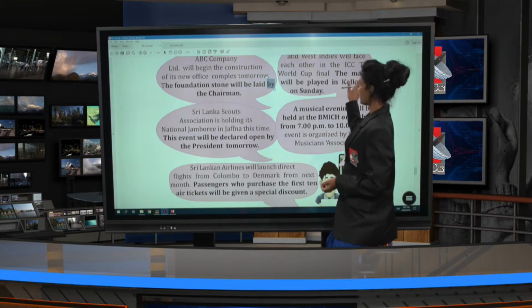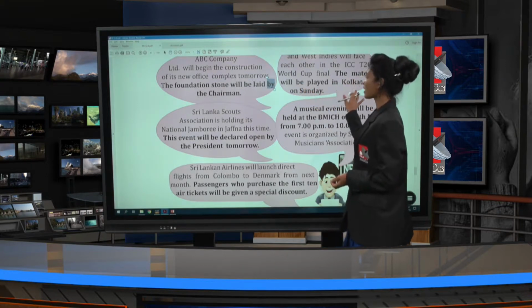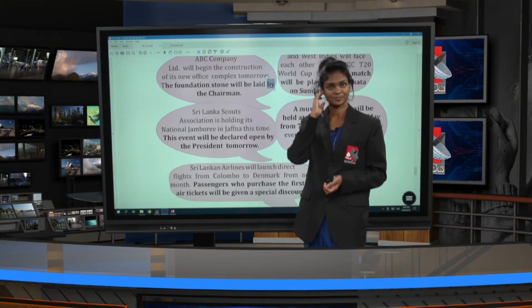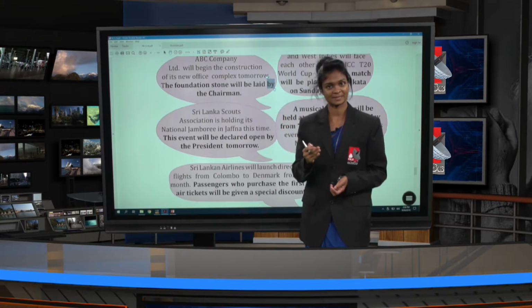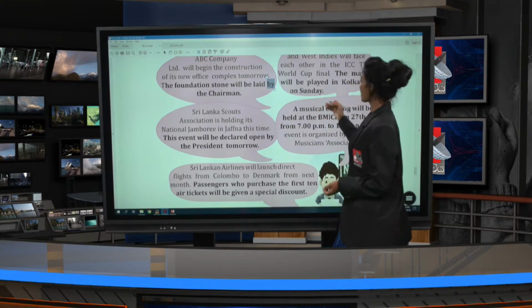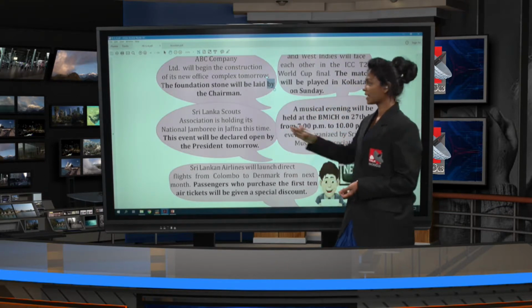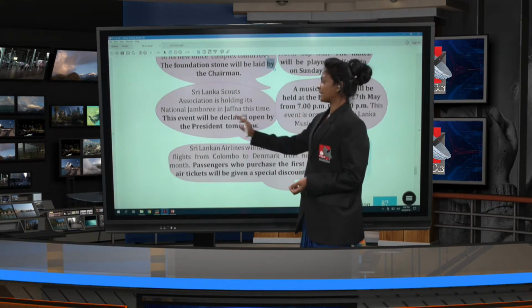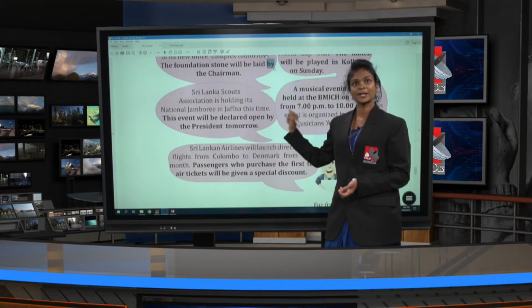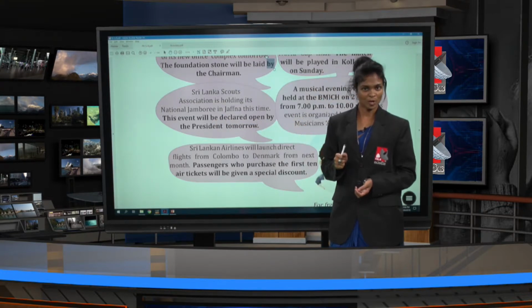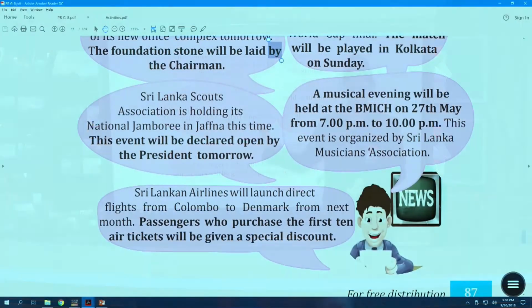Next, the match will be played in Kolkata on Sunday. Then the next, this event will be declared open by the president tomorrow.